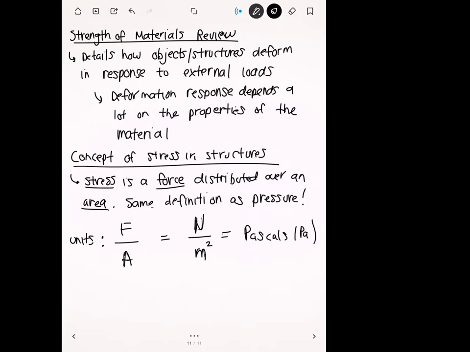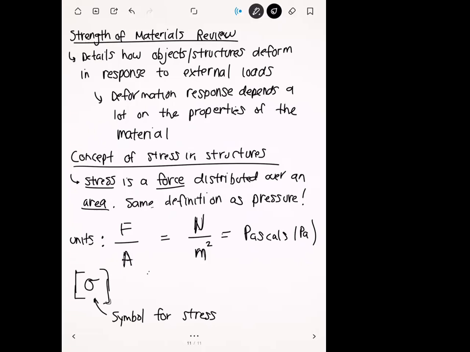The symbol we usually give for stress is sigma, or at least the one that I use. In terms of dimensions and units, it's exactly the same as pressure.